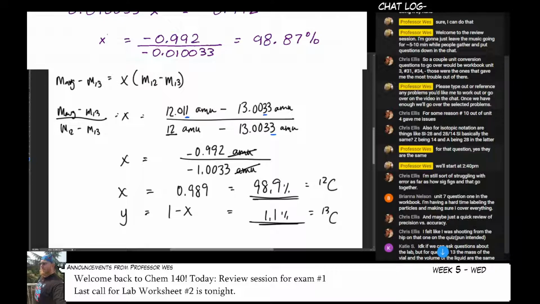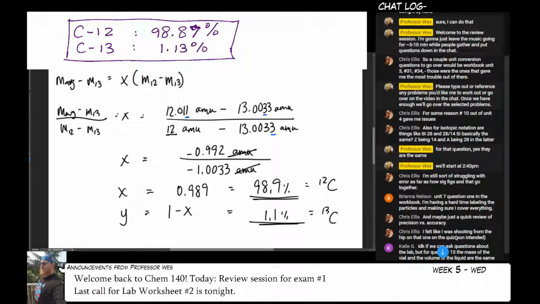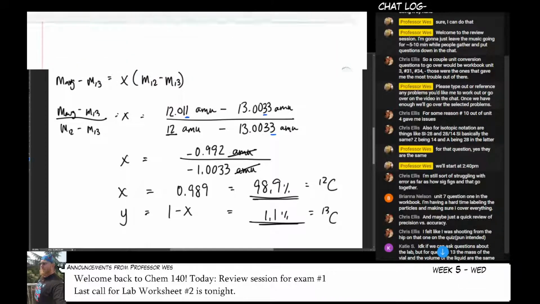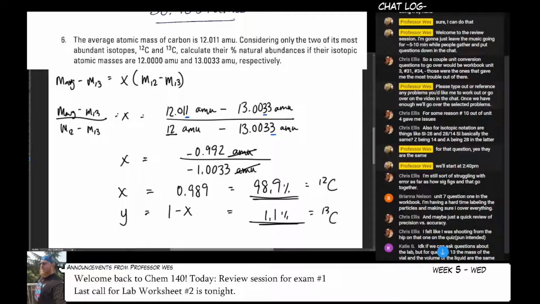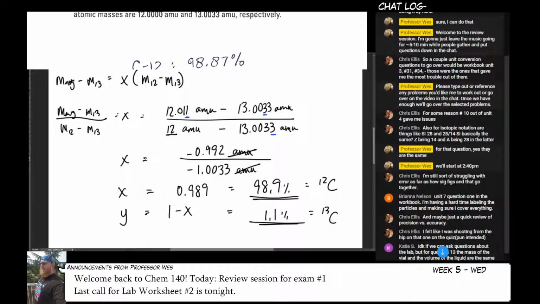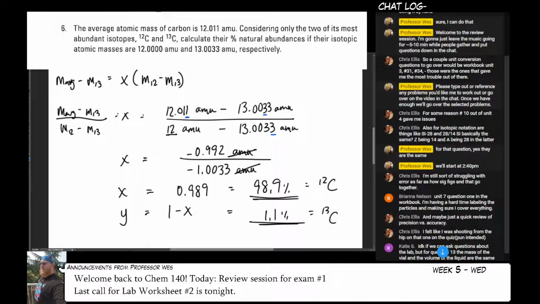She had 3 sig figs, and then suddenly her answer had 4. So I'm going to say that my answer is correct. But let me scroll back down to the problem so it's actually on the screen here. There we go. Okay. So that's the solution, and let me know if you have any questions about that.